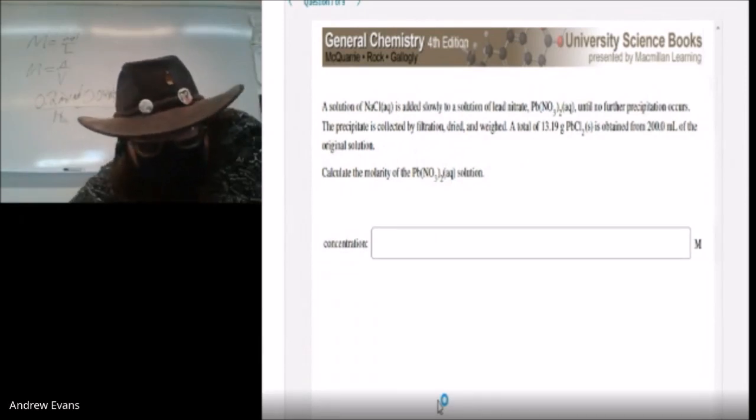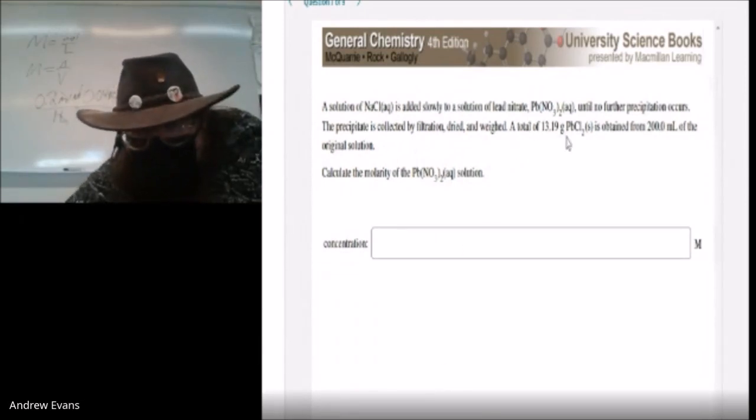So we're going to turn grams of lead chloride to moles of lead chloride. There's a 1-to-1 ratio of moles of lead chloride to moles of lead nitrate. And then finally, we're going to turn moles of lead nitrate to molarity of lead nitrate using the volume.